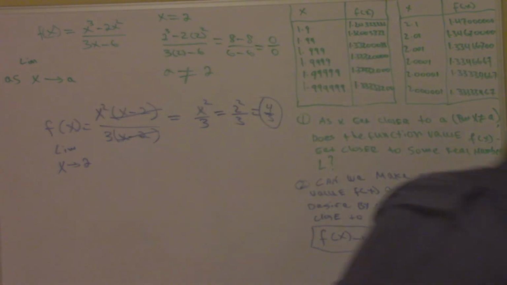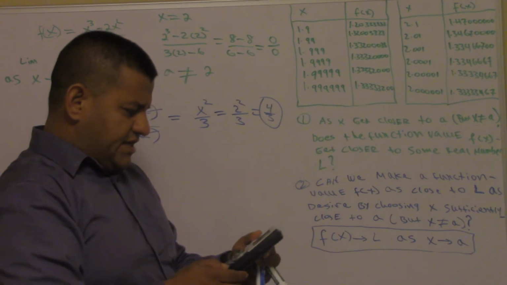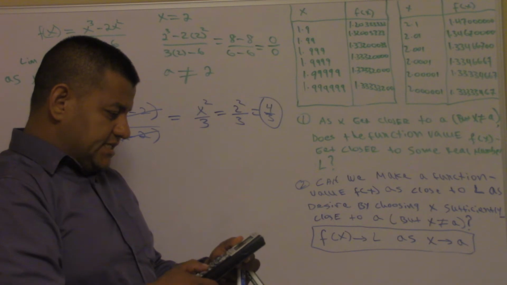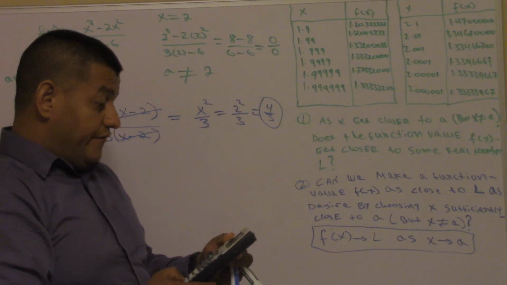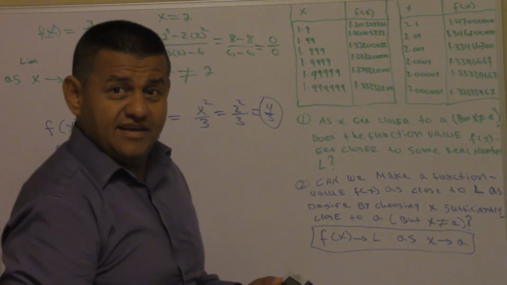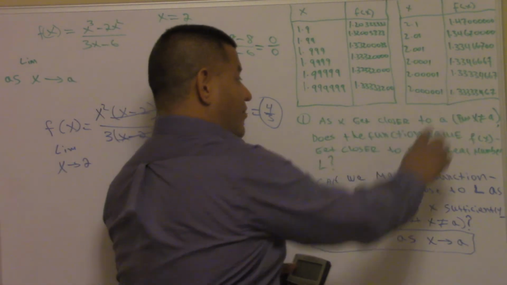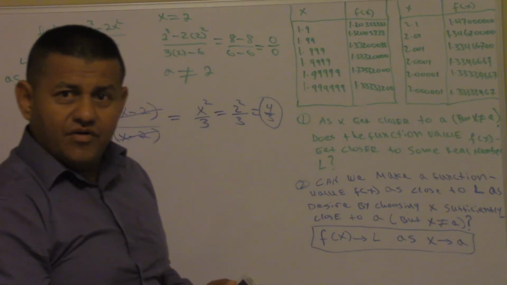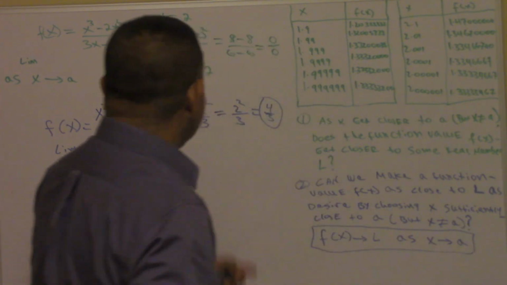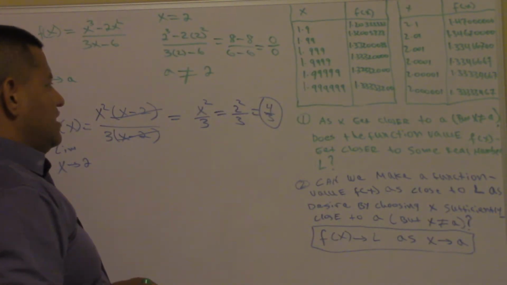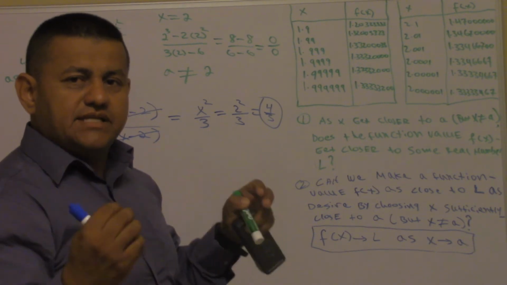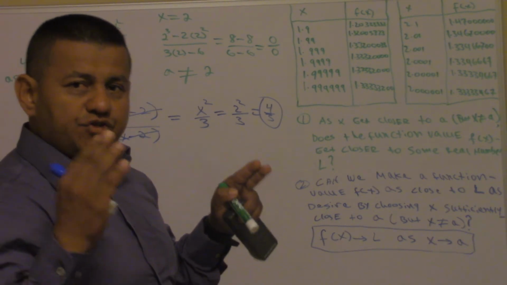What is 4/3? I'm going to use the calculator so I can get the decimals. 4/3 is very close to that number, and also very close to that number. Wow, that's making sense, isn't it? So that means that 4/3 is the limit as x gets close to 2.